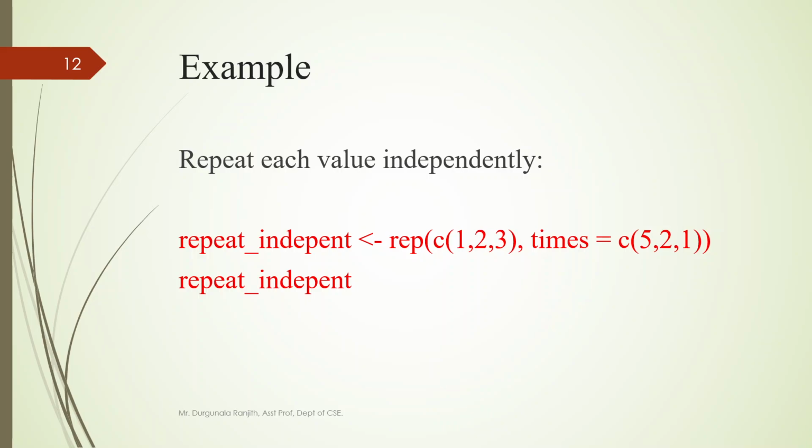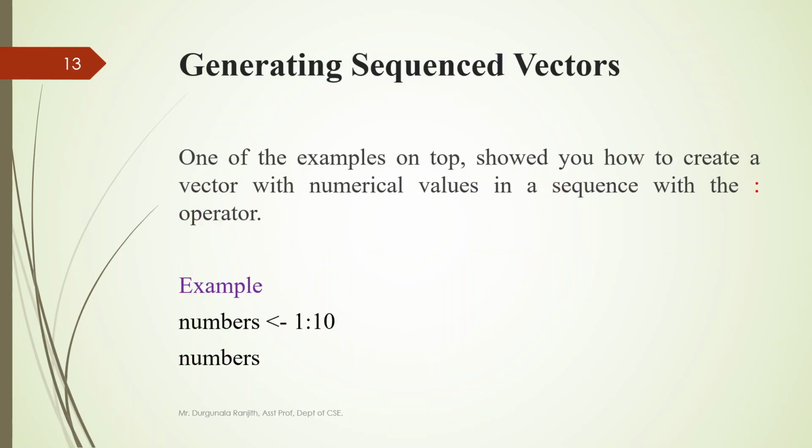So here I have given the example. If you want to repeat each data value independently, then you have to use this particular c function with the help of times argument. Means, this rep function supports 2 arguments, that is one is times and another one is each.